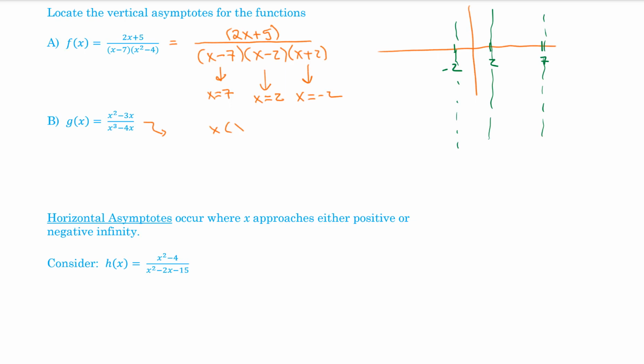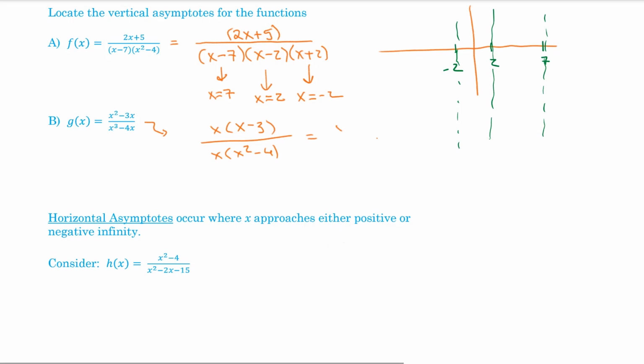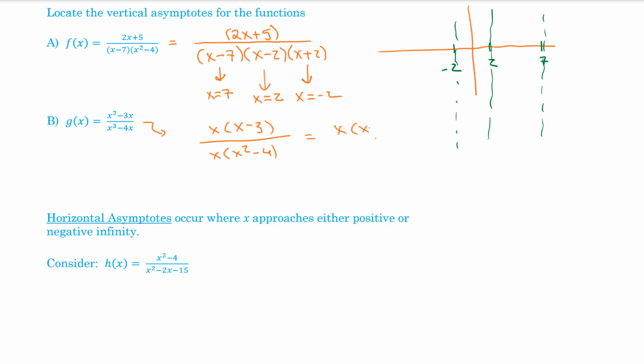In the numerator, we're going to have x times x minus 3, divided by x times this x squared minus 4 in the denominator. However, as you're probably already thinking, that denominator will factor even further, and this will give us x times x minus 2 times x plus 2.